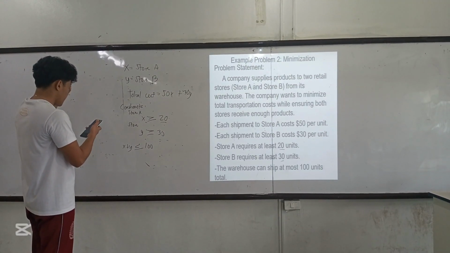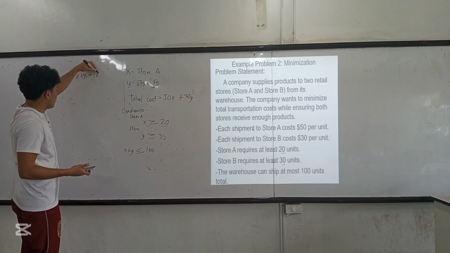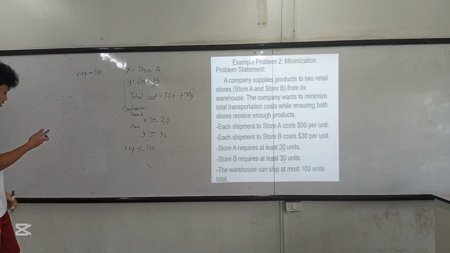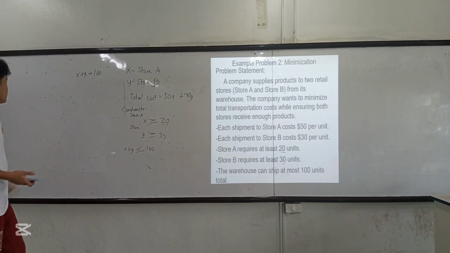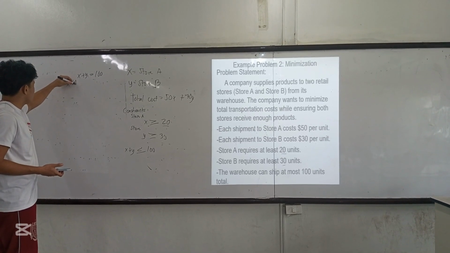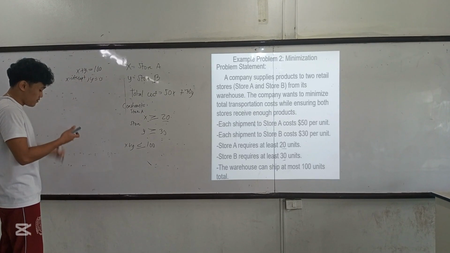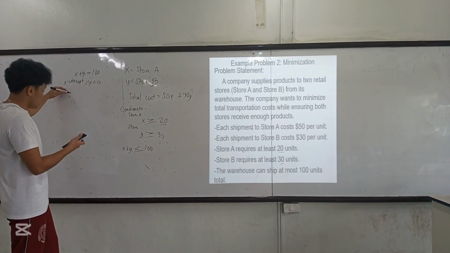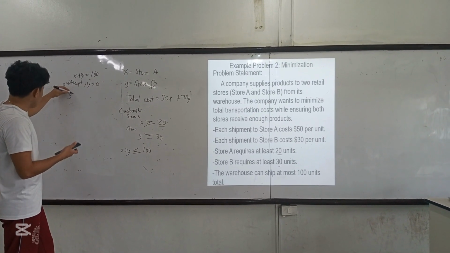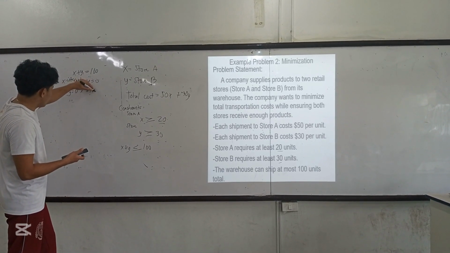So the total capacity line is x plus y equals 100. Next we must find the x-intercept, setting y equal to 0. So y is equal to 0, then x is equal to 100.